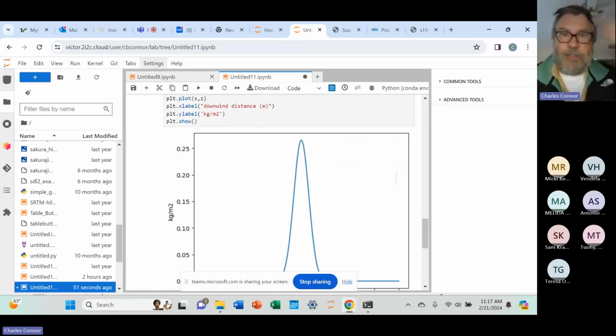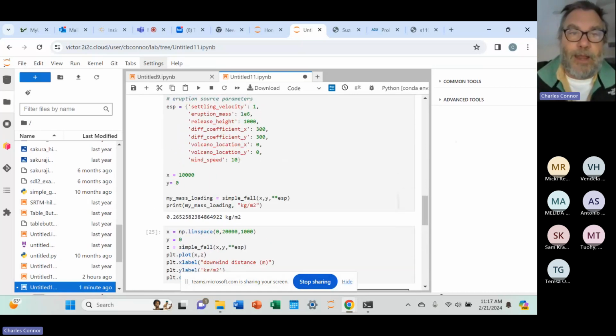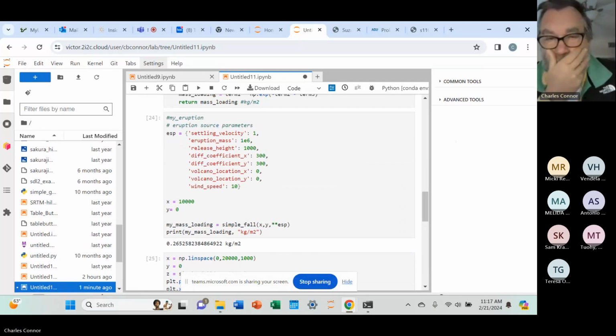That's super important to understand about tephra fallout: we're using the diffusion advection equation, and basically what it's doing is displacing this tephra downrange some distance based on these parameters we stick into it.